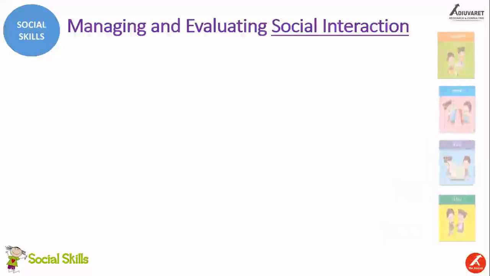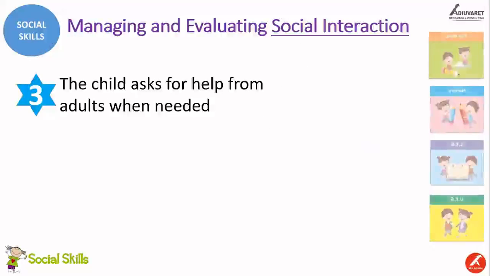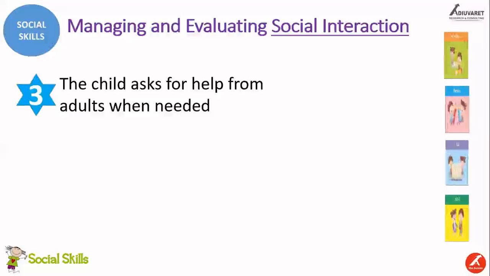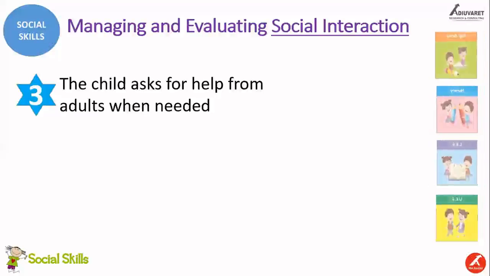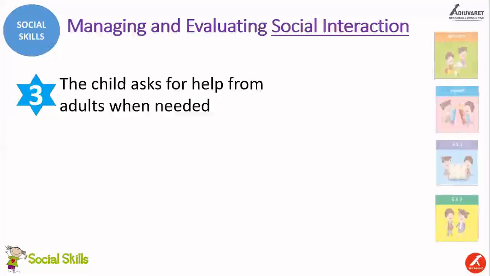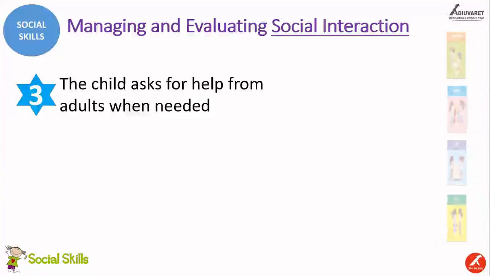Then going further, we'll go to the third skill under social interaction, which talks about the child asking for help from adults when needed. Again, this social interaction skill is about making a child a little bit extrovert, taking proactive interest to initiate interaction with others, no matter the reason.